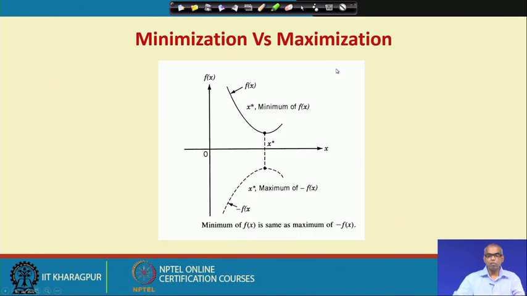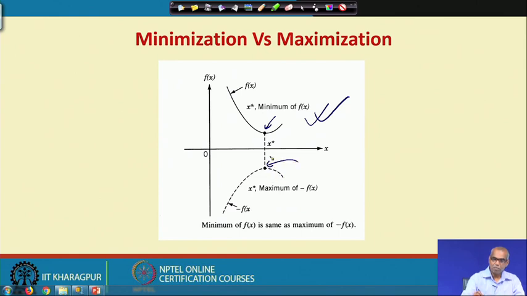It can be clearly seen from here. So, here I have plotted a single variable function f x. You can see that at x star there is a minimum. If you now plot the function minus f x, it will be the mirror image and the maximum will appear at the same value of x star. So, minimum of f x is same as maximum of minus f x.